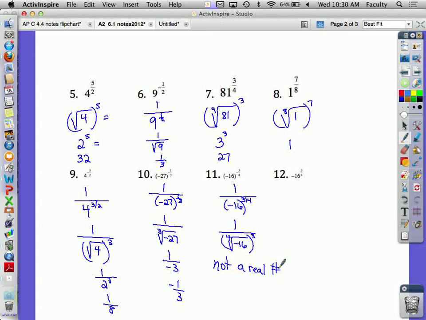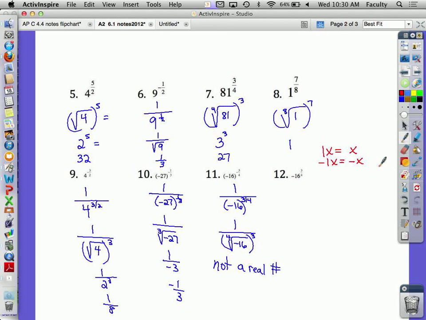All right, now, before I do number 12, I've talked about this earlier, and I know you talk about it in Algebra 1. Do you remember when you have 1x, we don't leave the 1 in front? And if you had a negative 1 times x, again, we drop the 1, but we leave a negative symbol. So in number 12, negative 16 to the 3/4 power, there's no parenthesis.